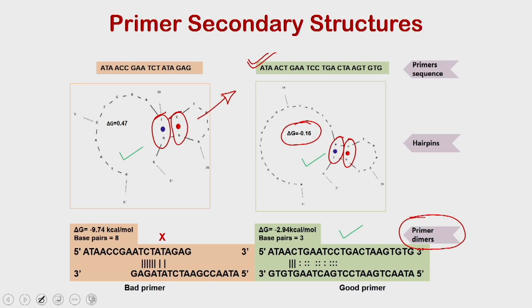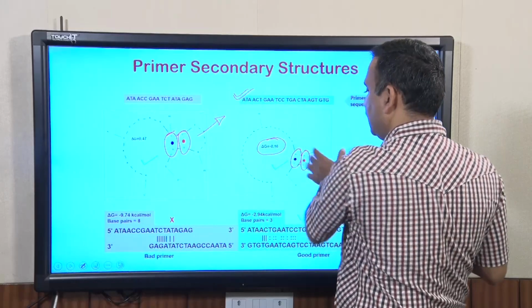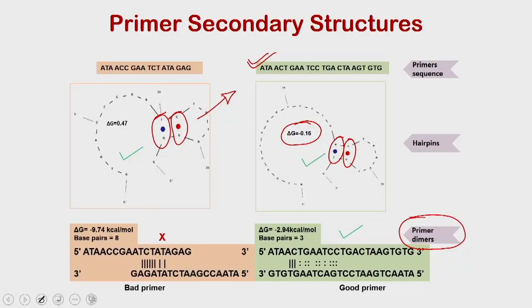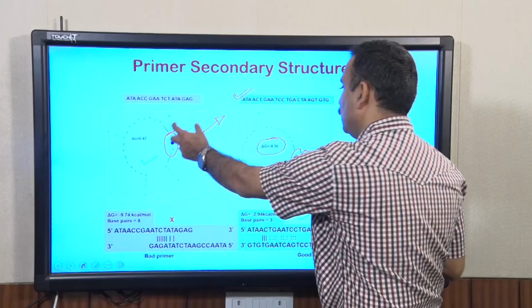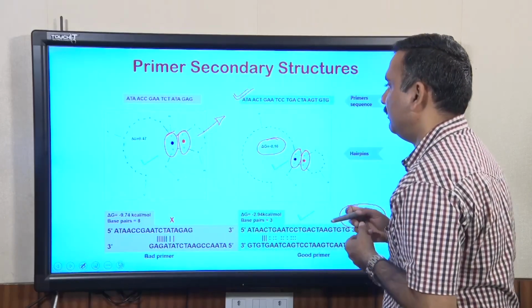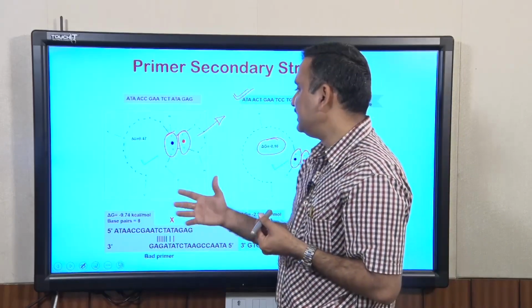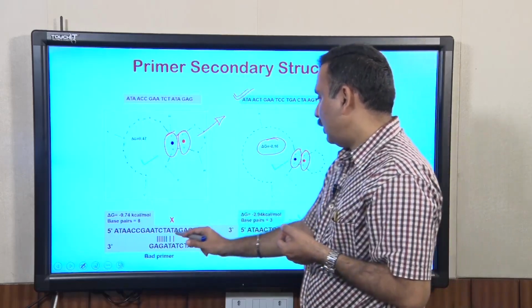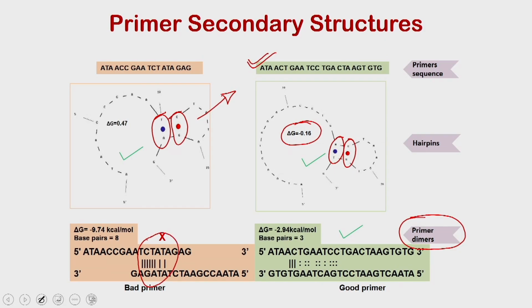The difference between this primer and this primer is that this primer is making a hairpin loop which will be more stable under the annealing temperature. Also, it is forming very strong primer dimers.